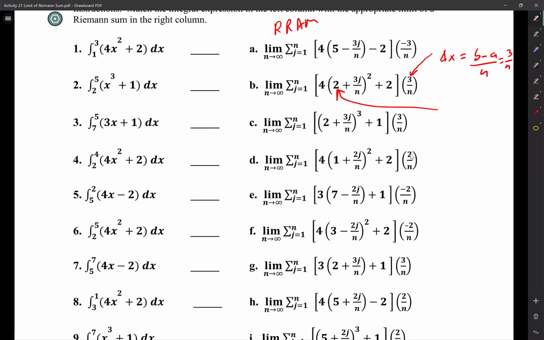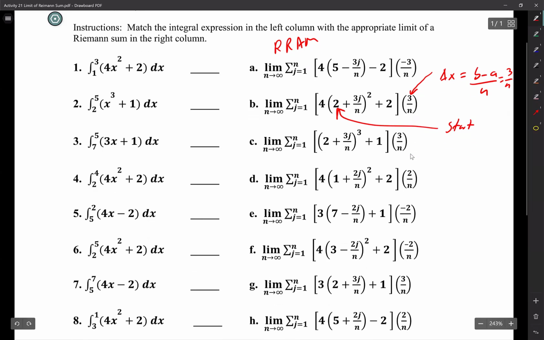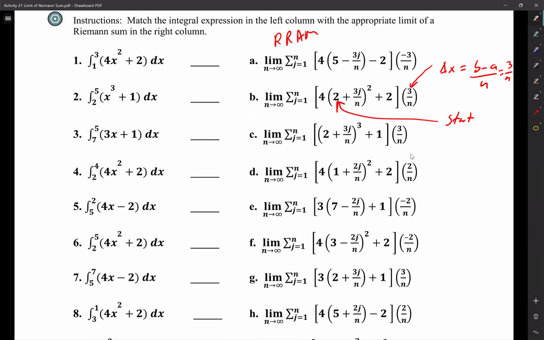Do you guys see that? Oh, because I typed them out. Plus it says it there. Does it say, match the integral expression on the left column with the appropriate limit of a Riemann sum on the right column? Oh, it doesn't say. But they're all RRAM the way they're written. On the AP exam, I have yet to see any that are LRAM or MRAM. They have all been RRAMs. I don't know if they're doing that on purpose.